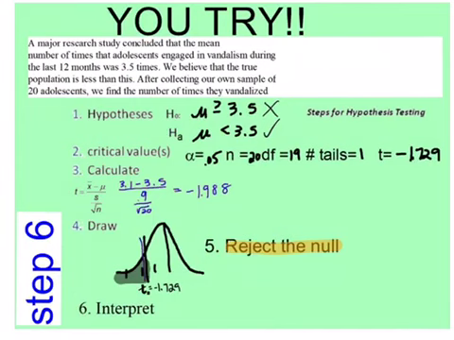Again, pause and see if you can come up with the correct interpretation. At the 5% significance level, there is enough information to show the population mean is less than 3.5.